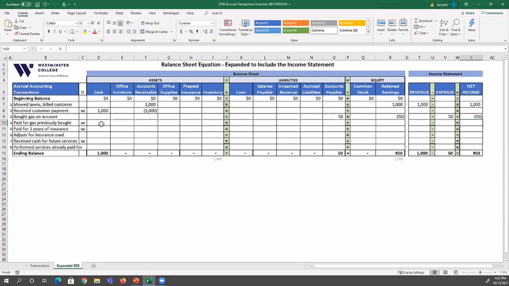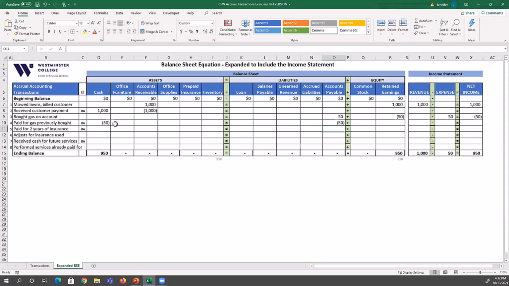So I'm going to go ahead and reduce my cash by 50, and then also reduce my accounts payable by 50. So now I show that I owe nothing for accounts payable and my cash has gone down. My balance sheet equation is in balance.